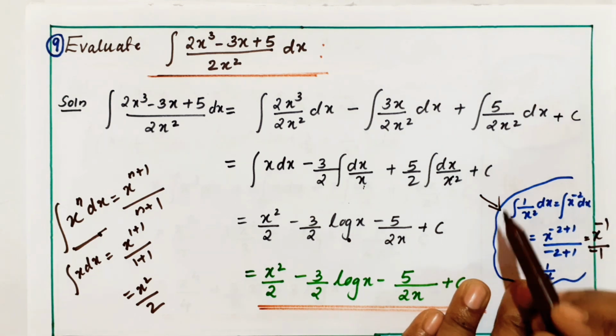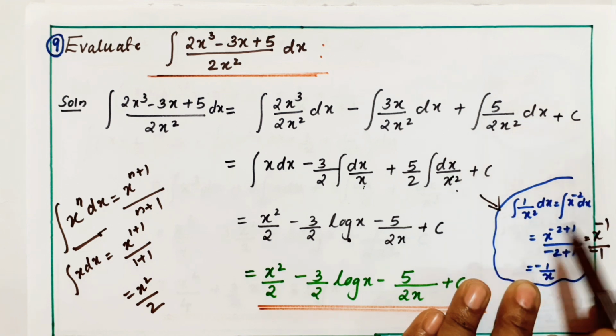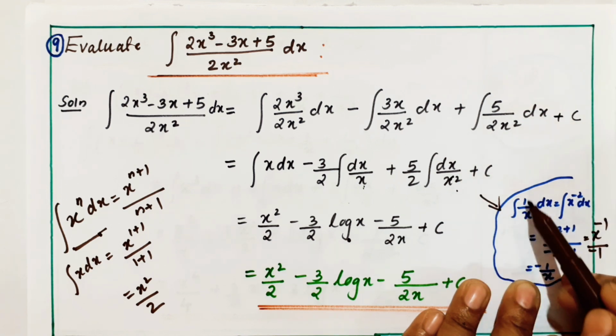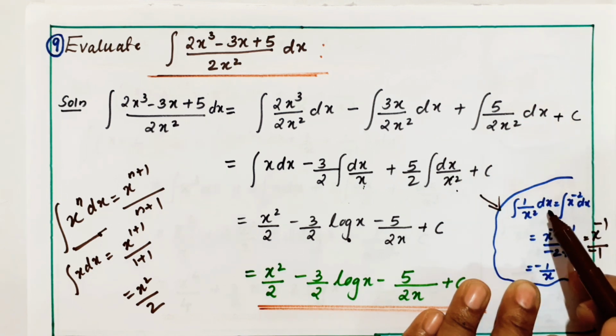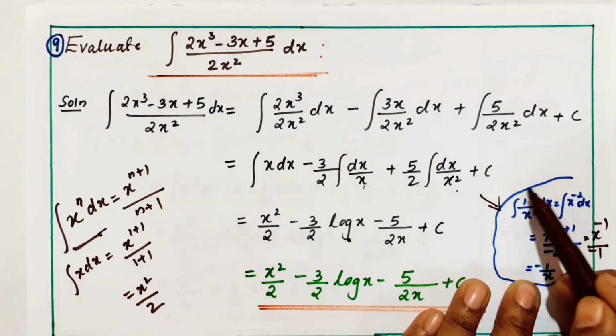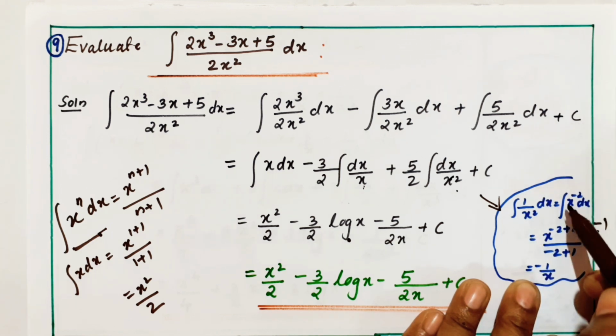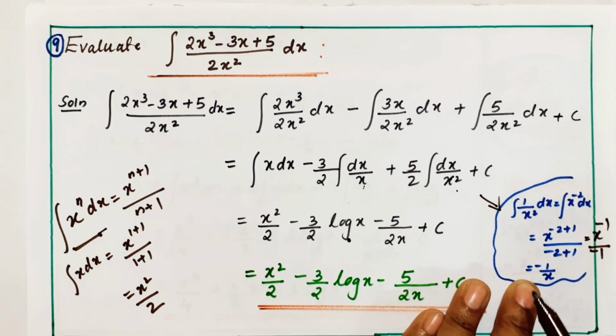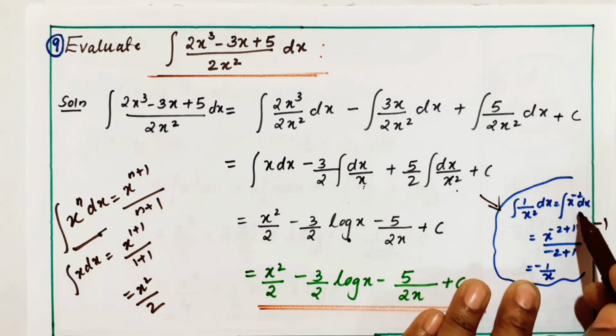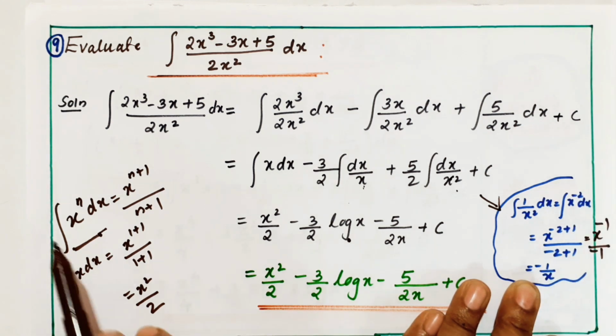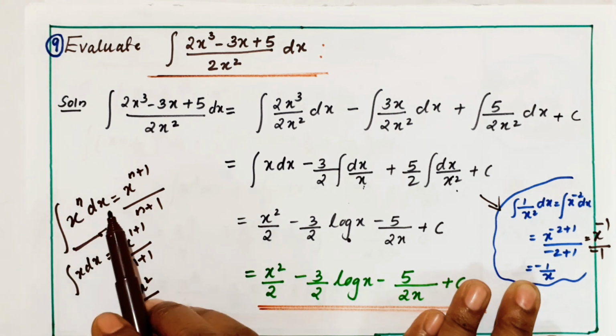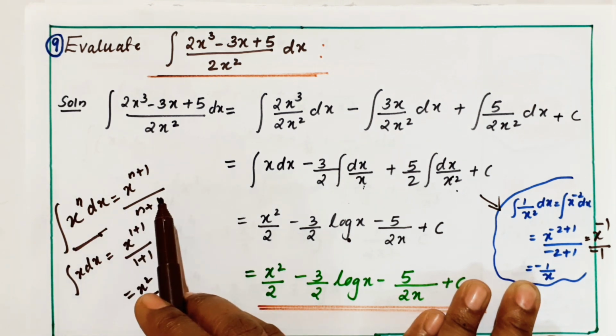What we are doing: the integral of dx by x square, I have written separately as the integral of 1 by x square dx. This term I am taking to the numerator, so x power minus 2 dx. Then I applied the basic standard formula for integration, that is, integral of x power n dx is x power n plus 1 by n plus 1.